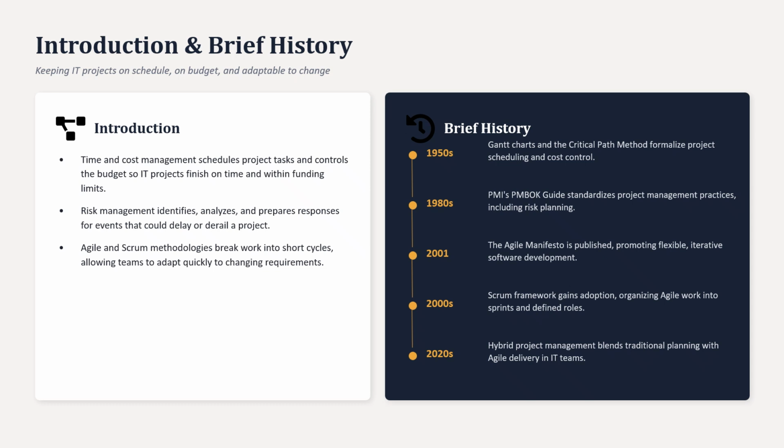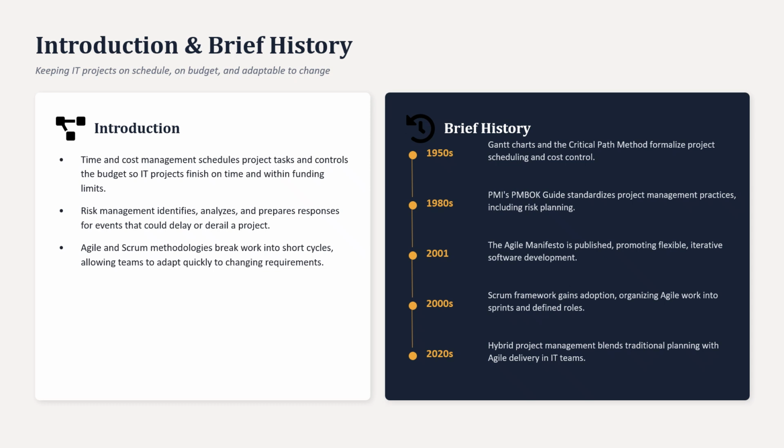Now, a brief history. In the 1950s, the Gantt chart and the critical path method formalized project scheduling and cost control. In the late 1980s, the PMI's PMBOK guide standardized project management practices, including risk planning.